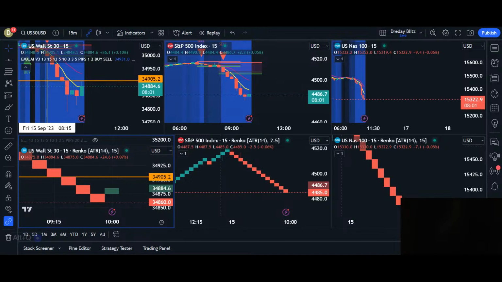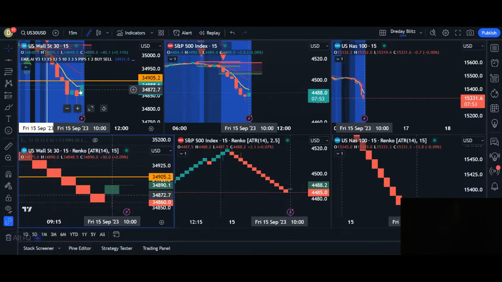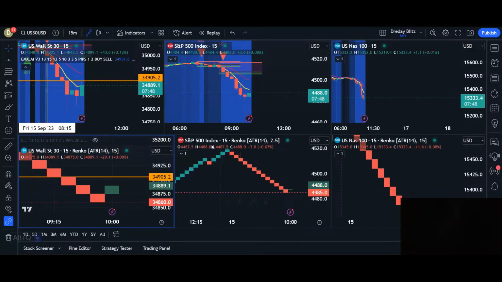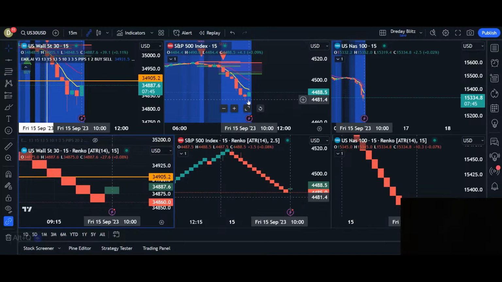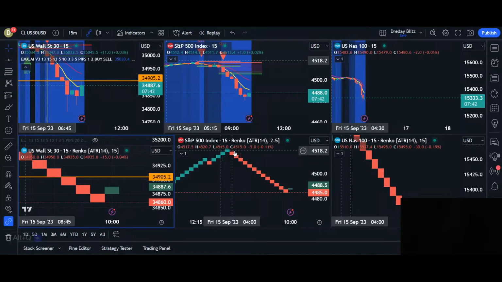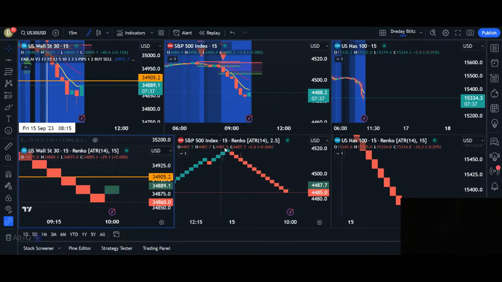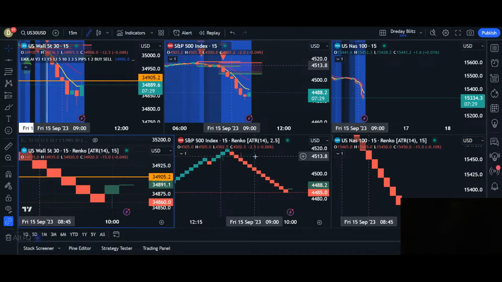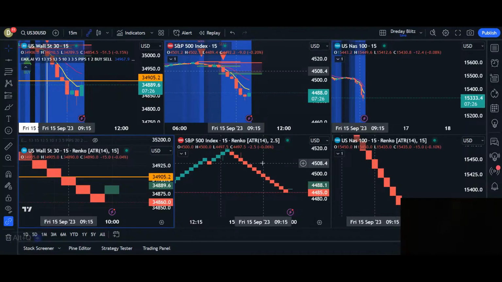So hopefully it's very clear for you guys how to get out of the trade. Same process for S&P 500. You put your stop loss at the top of the previous Renko, and then you trail your trade at two Renko bars before the current Renko bar that is fully created.